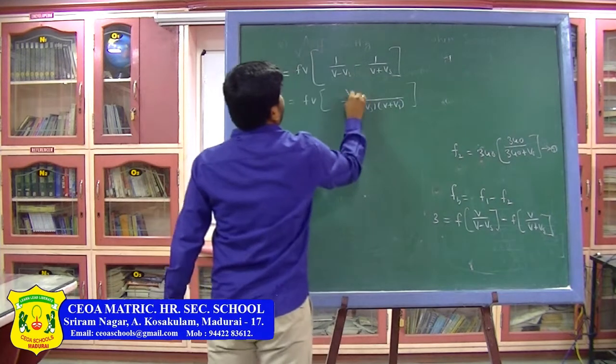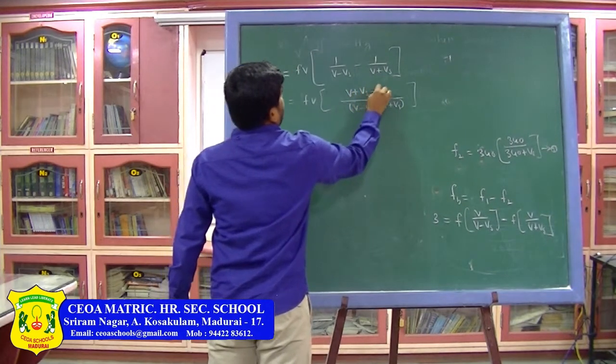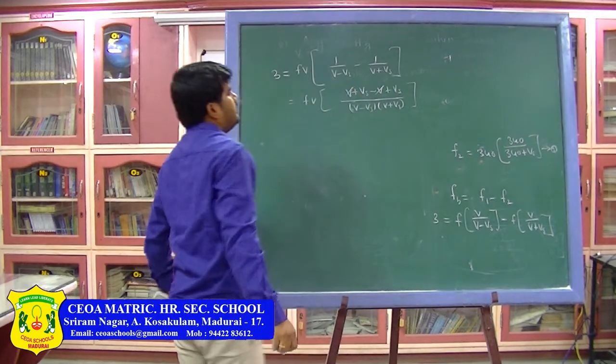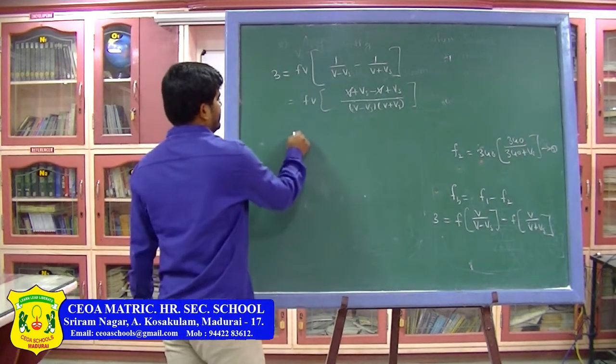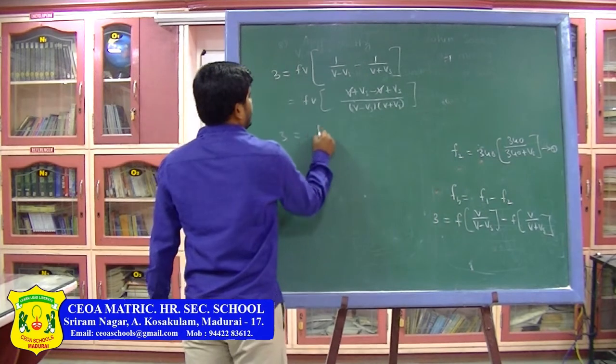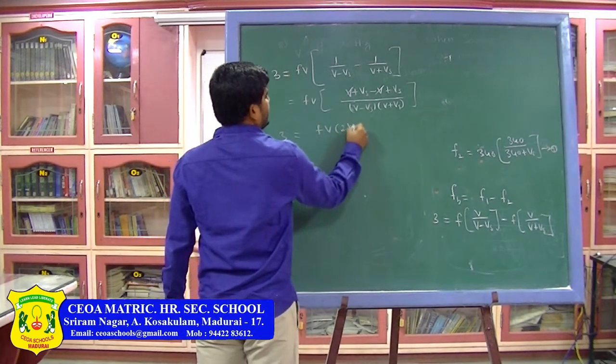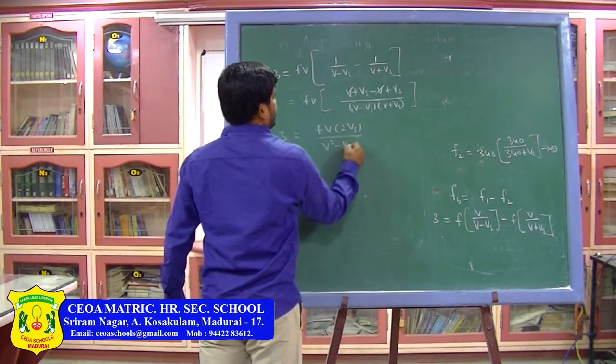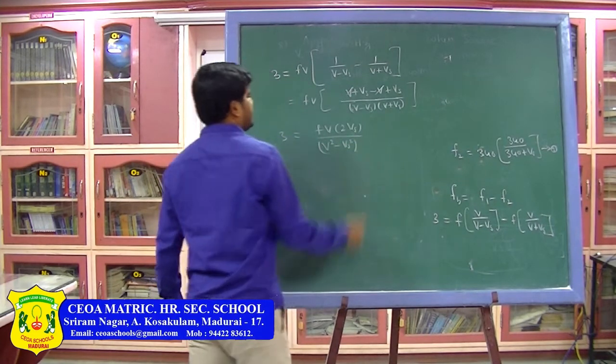So, here V plus Vs minus V plus Vs. The minus V and plus V get cancelled, and you will get 3 is equal to Fv into 2 Vs divided by V squared minus Vs squared. So, this is the equation.